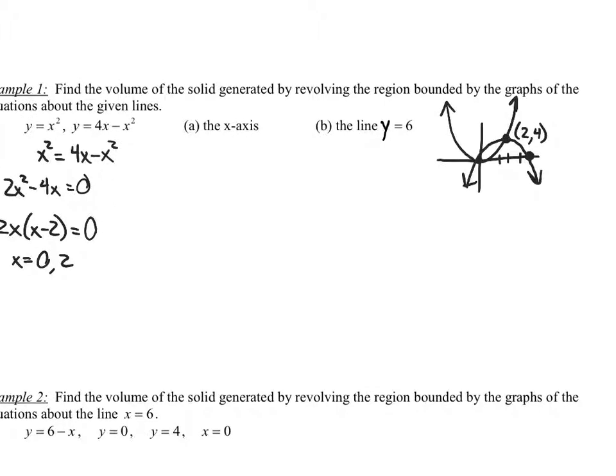So if I'm revolving around the x-axis, I have the outer radius, which is going to be that 4x minus x squared, so 4x minus x squared is squared. Minus the inner radius, which is just that y equals x squared, so I have x squared squared.